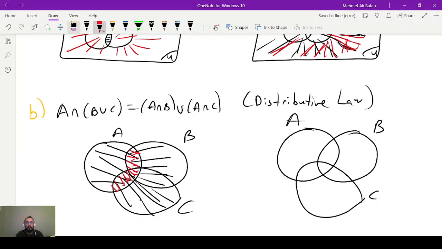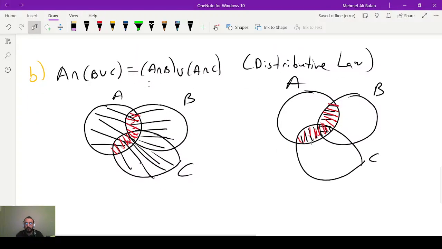Now let me do the right hand side. A intersection B is here, and A intersection C is here. It says take the union, so all of them. You get the same region, so they must be equal.